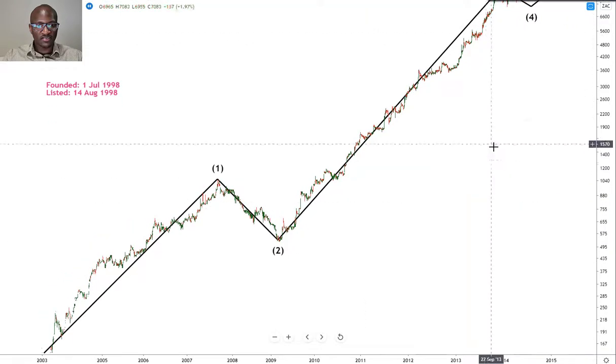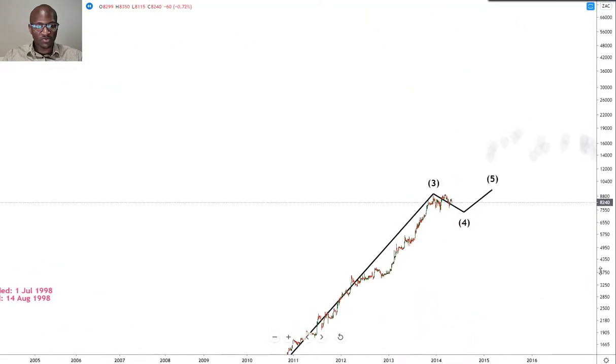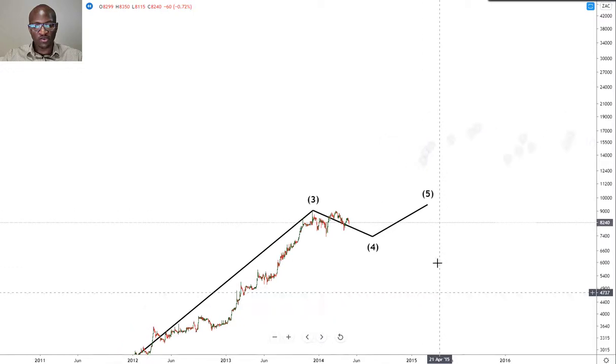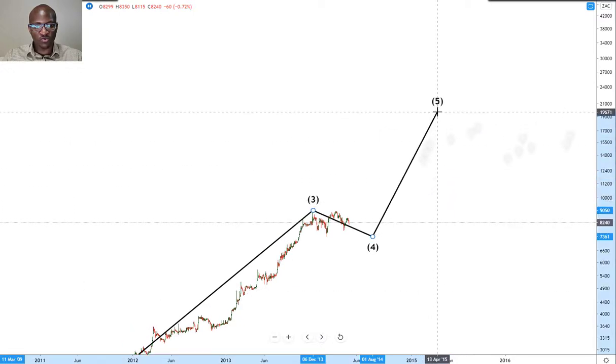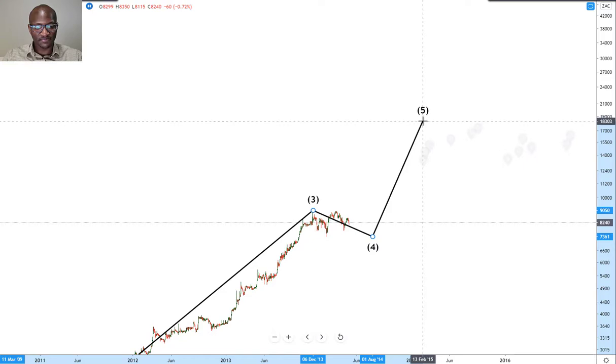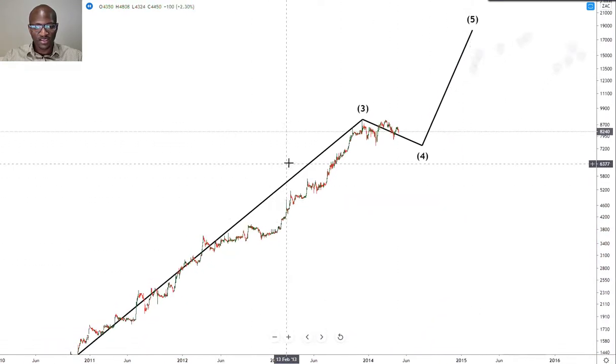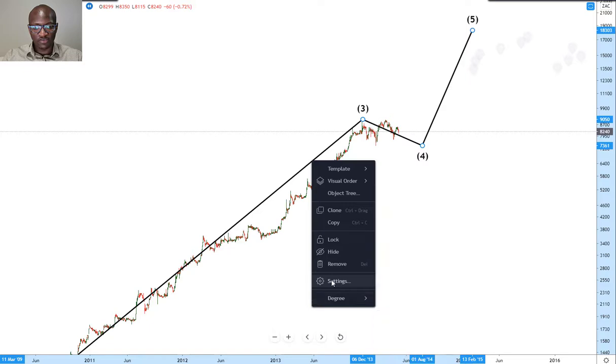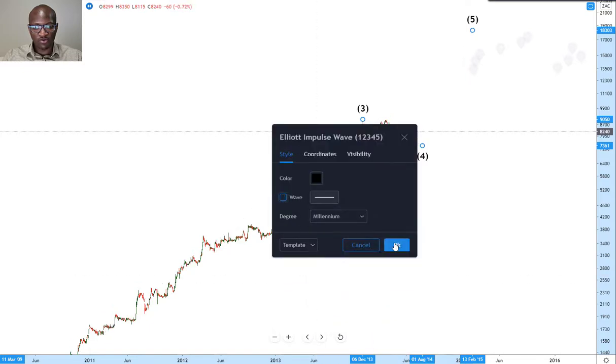And at this juncture, we seem to have completed wave 4 and we were going to form wave 5. Okay, and let's analyze wave 4 before we proceed with wave 5.